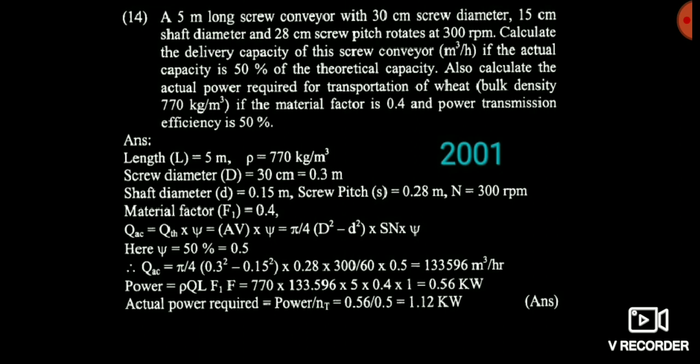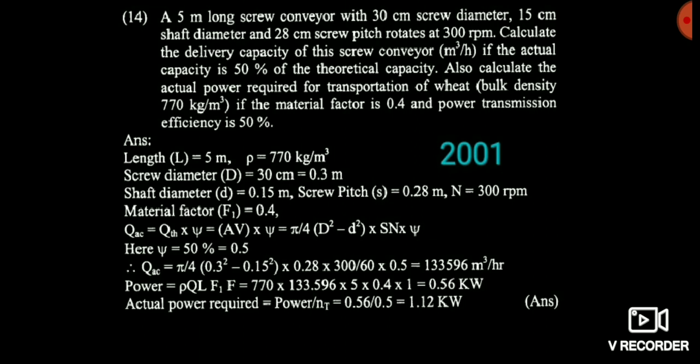And friends, after that it is asking about the amount of power, means we have to calculate the power. I have told you previously that power is equal to pressure into theoretical capacity. And here friends, efficiency is also given, so you should divide by the efficiency, that is 0.5, 50% given. And one more thing, here the material factor is also given, so you should multiply the material factor, means 0.4, with the power.